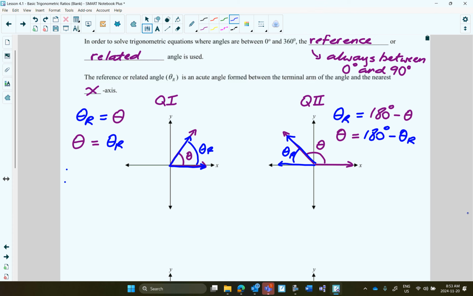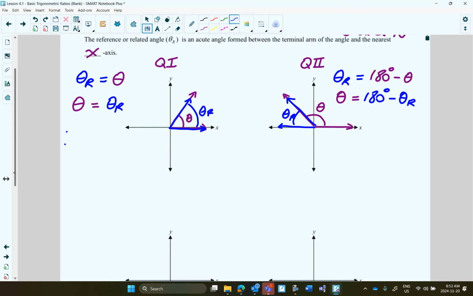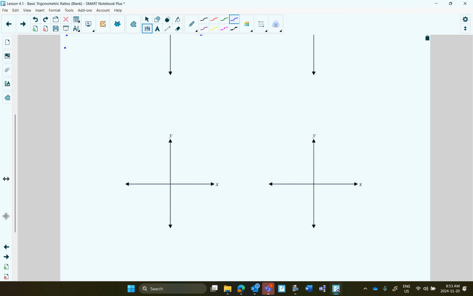In quadrant 3. Draw an angle that ends in quadrant 3 or terminates in quadrant 3. So like this. So the reference angle of any angle in quadrant 3, same terminal arm, and the nearest x-axis, which would be this one.